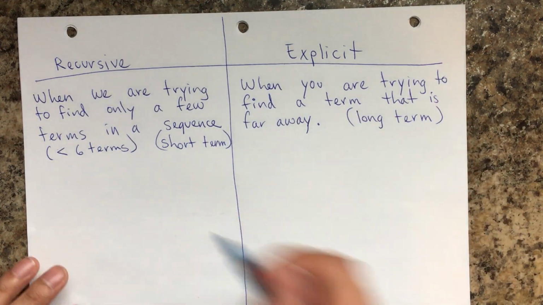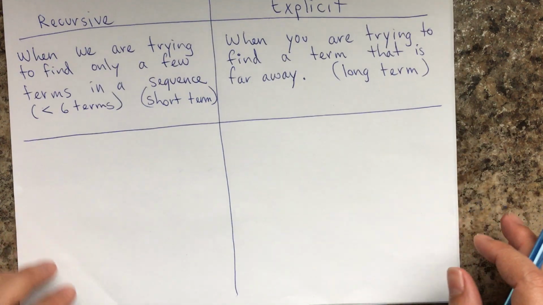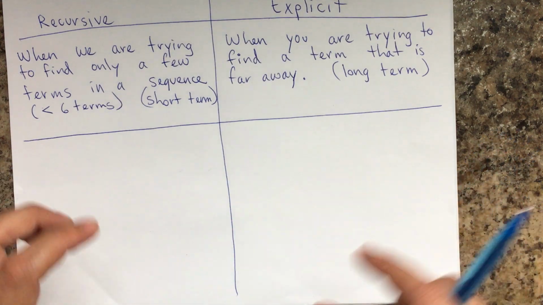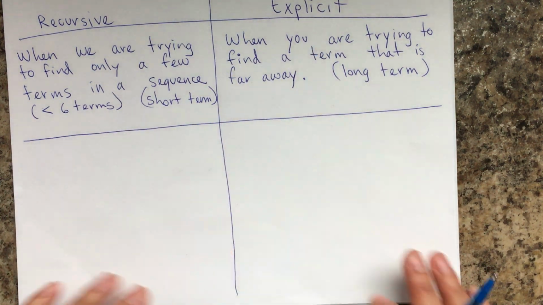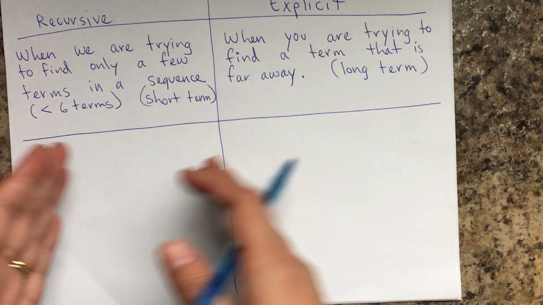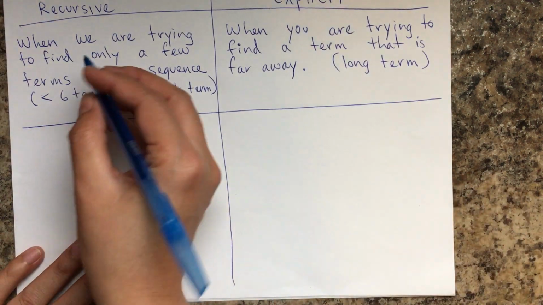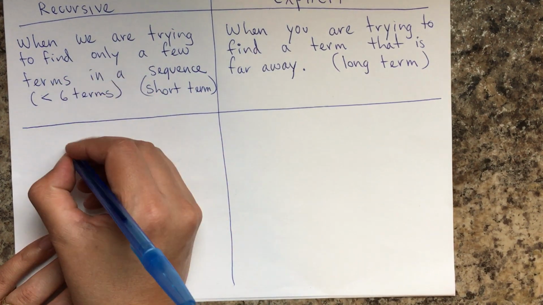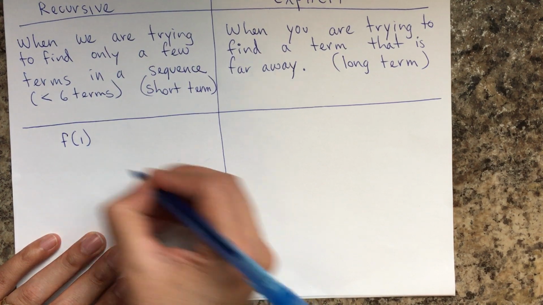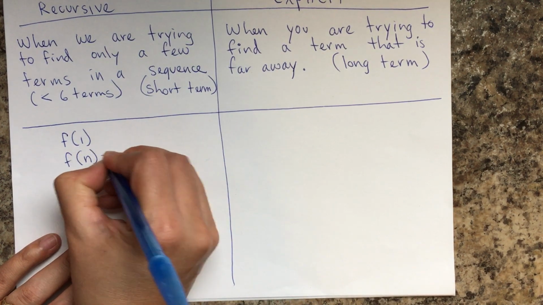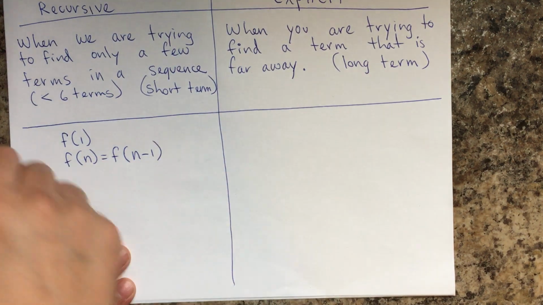Okay, now let's talk about the structure. How does it look for each one? And I'm going to show you one for arithmetic and one for geometric sequence in the recursive and the explicit form. Okay, so for the recursive, we always have f of 1 and f of n equals f of n minus 1.